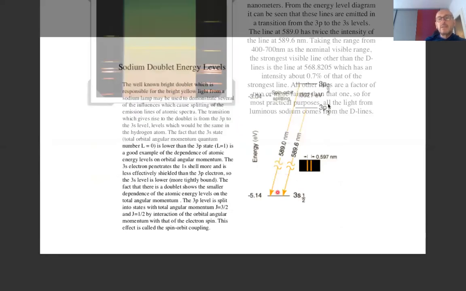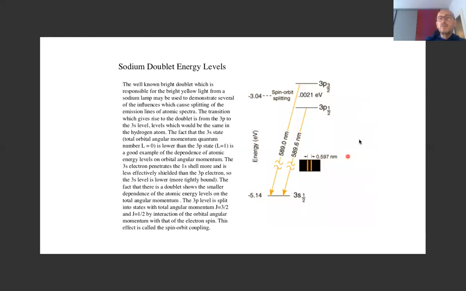This is the way the energy diagrams could be understood. We have a ground state, which is a 3s state. A 3s state has only angular momentum of a half. This is the total angular momentum of the system. What does it mean, a half? It means that you have to add the orbital angular momentum and the spin angular momentum to get the total angular momentum.